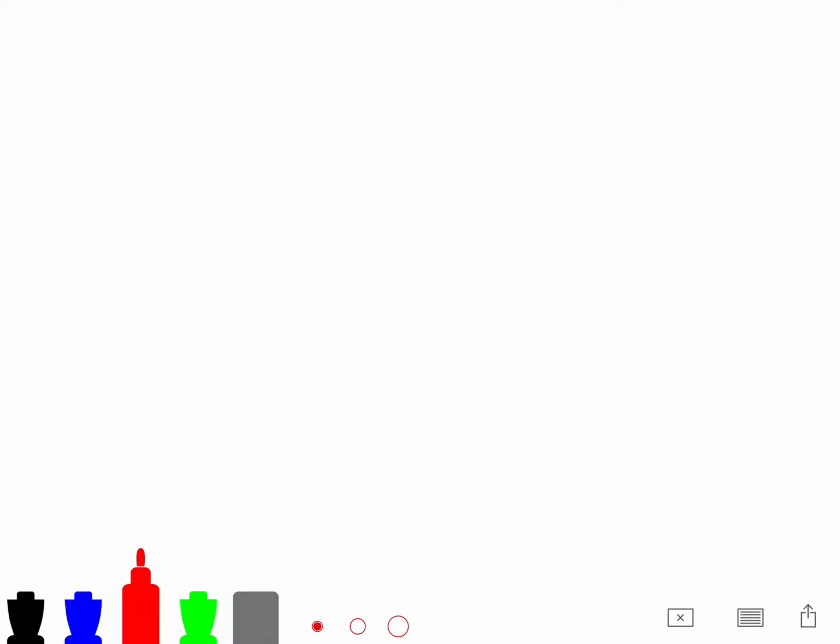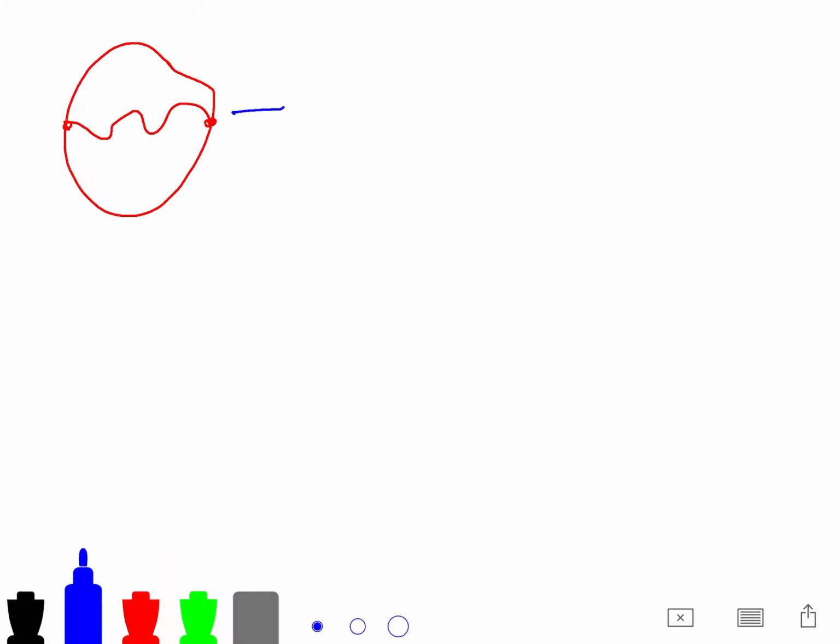So the idea is that removing a shortest path induces a hierarchical partition. The embedding will be defined recursively using different coordinates for each cluster. For example, if this is a path, then if we just remove this path, we have two different clusters.